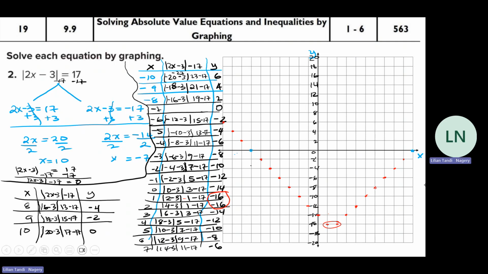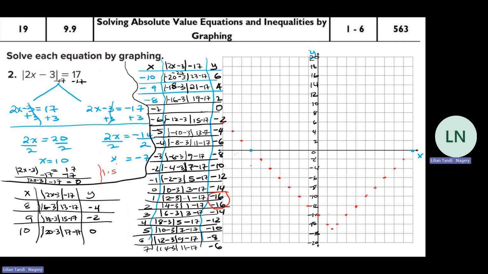Maybe my V is between 1 and 2. So maybe I should do 1.5. Okay, let's see. 1.5 times 2 is 3. 3 minus 3 is 0. Okay, so yes, there's a dot here. So if I do 1.5, you see, that's what you're going to encounter. You have to know how to fix your problem.